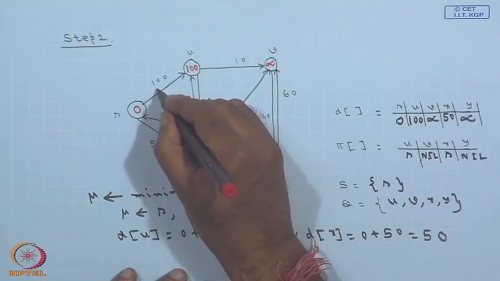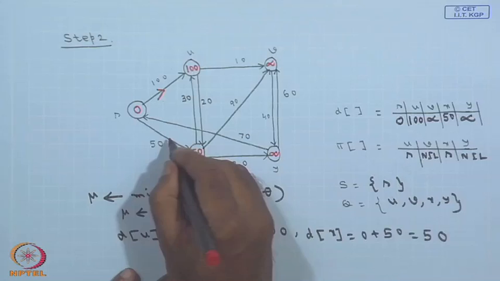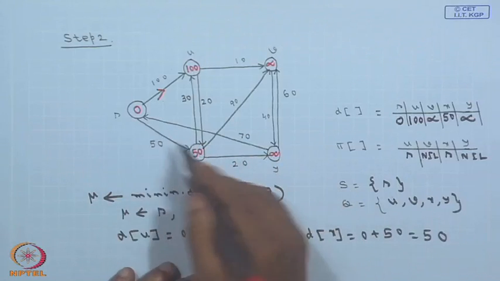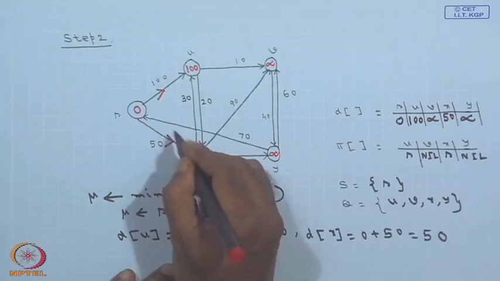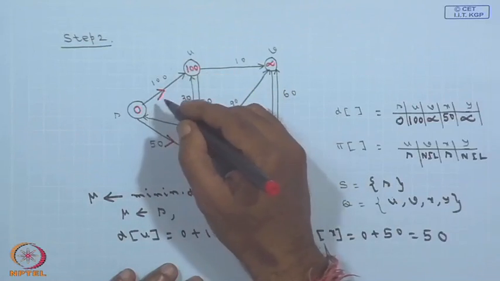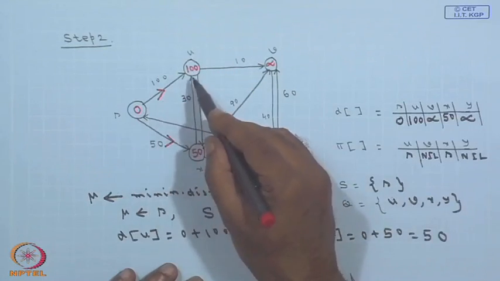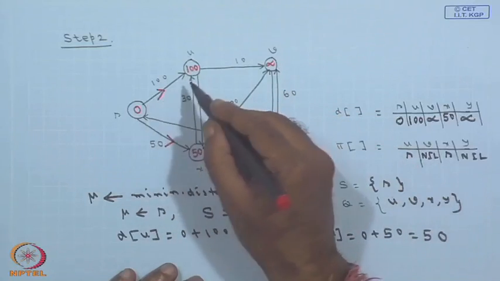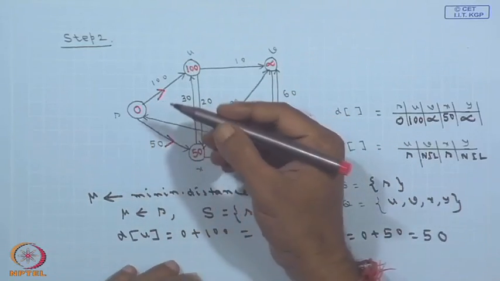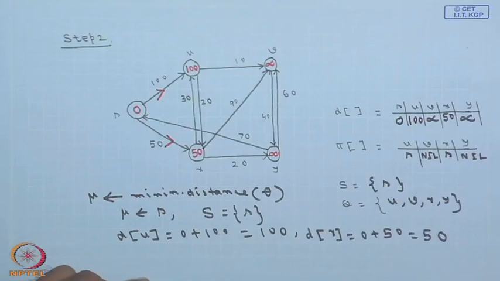So, therefore, what I am doing? I am putting an arrow over here. Similarly, to move from S to x, this subpath also gives you the minimum distance, you cannot minimize further. So, the subpaths which I will not be able to minimize, I am putting by this red arrow. So, this is your step 2.